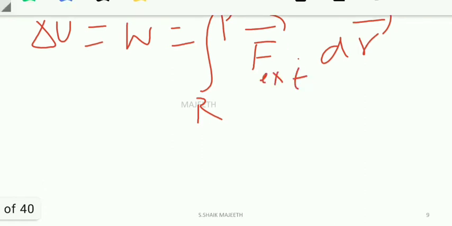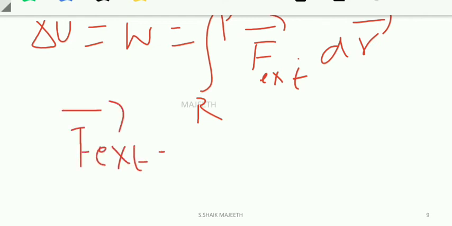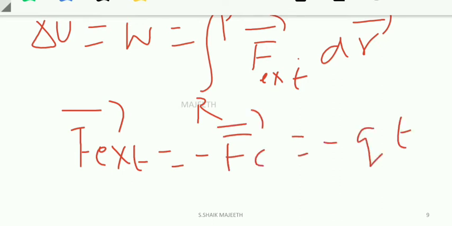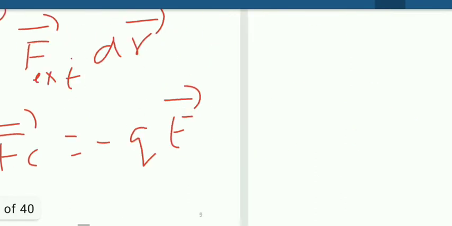Then we know that F external is equal to minus F Coulomb, and F Coulomb is equal to QE. The external force, are we applying it to the source charge or the test charge? We are applying it to the test charge, so we put small q. If applying to the source charge, we would put capital Q. So F is equal to QE.